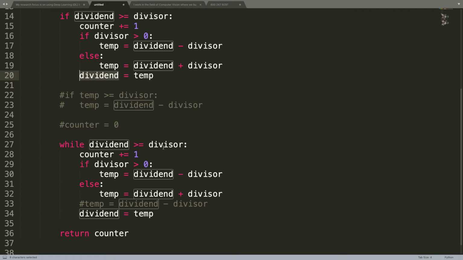That will become a problem, because 1 is still greater than or equals to minus 3.